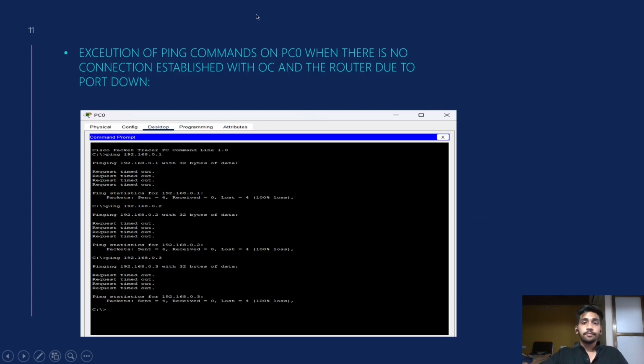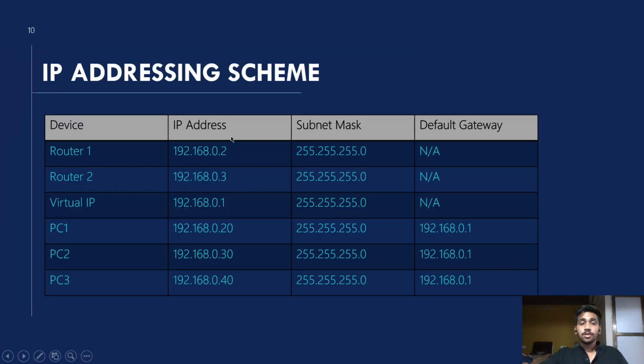Now we will move on to the execution of the ping commands on PC 0 when there is no connection established between the PC and the router due to the port being down. When the ports are functioning and we can establish the connection, we still can't get any reply from the virtual IP.